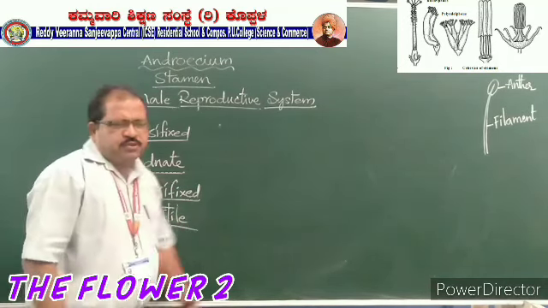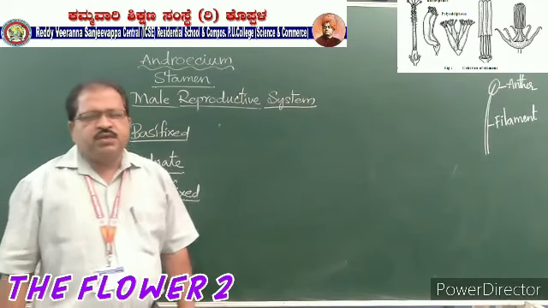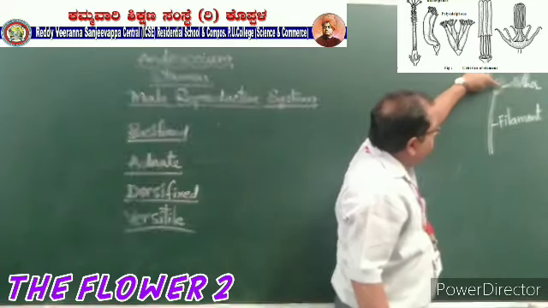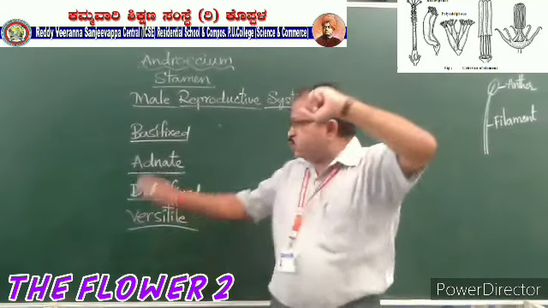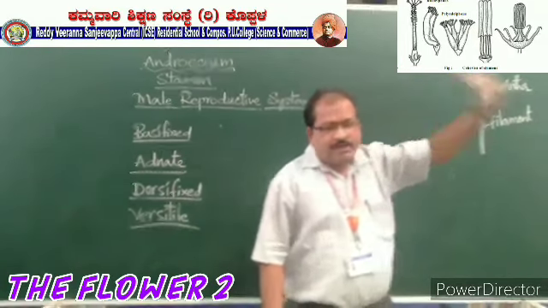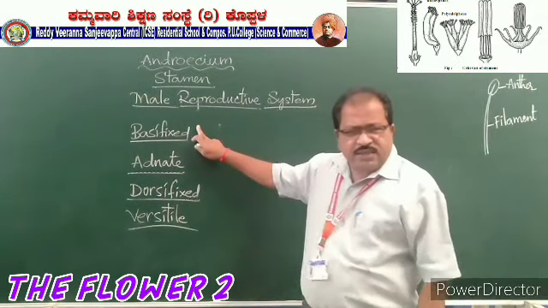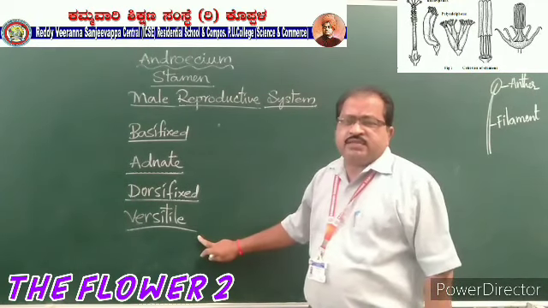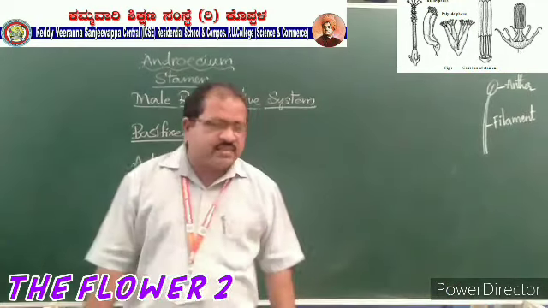There are four types of stamens, based on the way the filament is attached to the anther. That is basifixed, adnate, dorsifixed and versatile. Let me explain what these are.